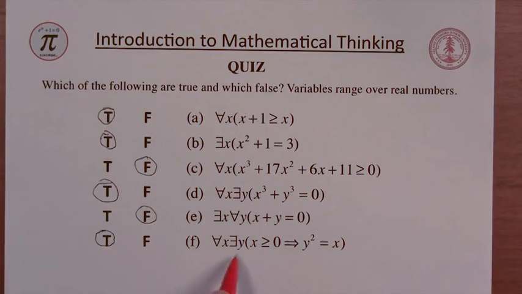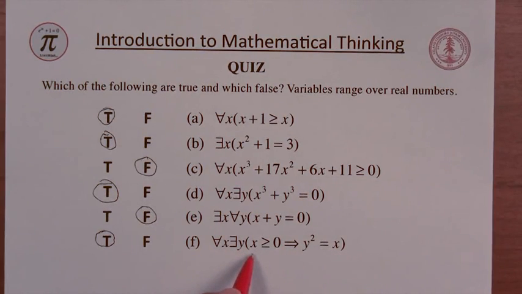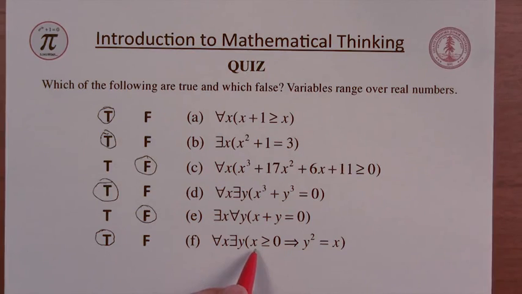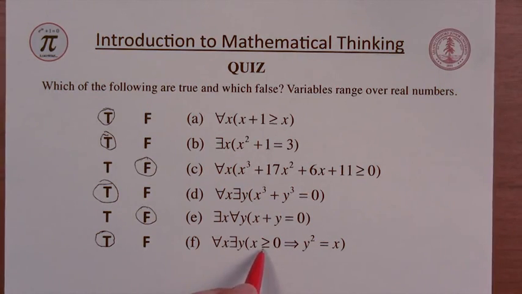You might have to think about this one a little bit, because there are two cases involved. Given an x, you can find a y that makes this thing true. If the x you're given is negative, any y will make that true, because if the x is negative, the antecedent is false. But if the x you're given is non-negative, then the y you pick is the square root of x.